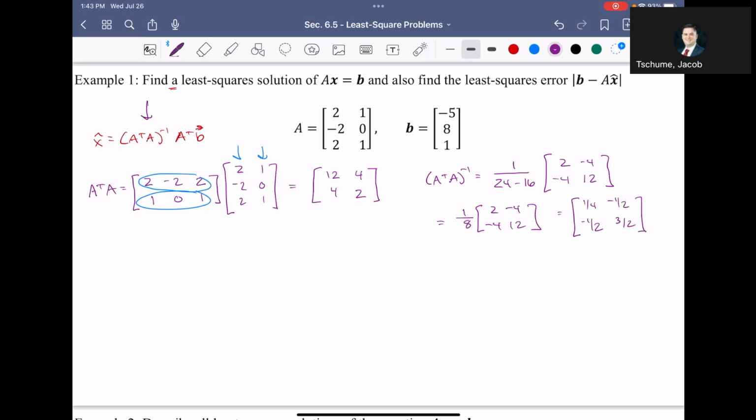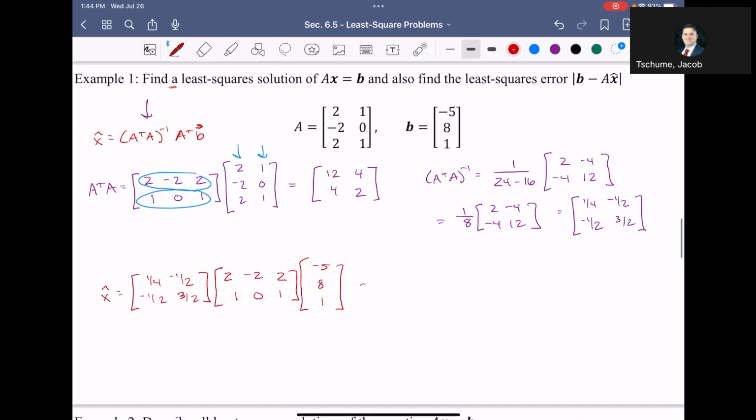So now to fill in the gap, when you go to find x hat here, you're going to take the inverse you just found, so 1/4, negative 1/2, negative 1/2, 3/2, and we're going to multiply that by A transpose. And then you're going to multiply that by the vector b that we're trying to get as close as possible to.